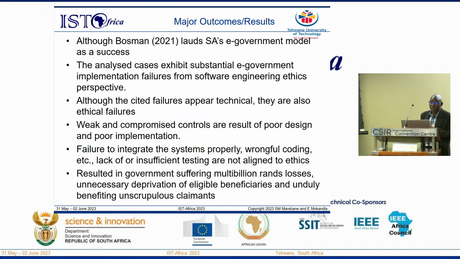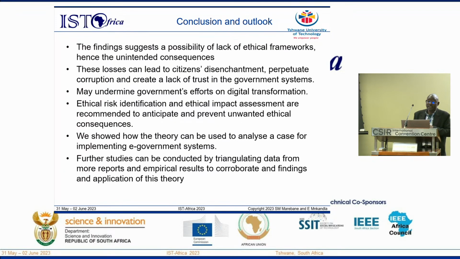And failure to integrate the systems properly, poor coding, insufficient testing, is all aligned to ethics. And that resulted in government losing lots of money. People that were supposed to benefit did not benefit, and unscrupulous claimants did benefit from the systems.